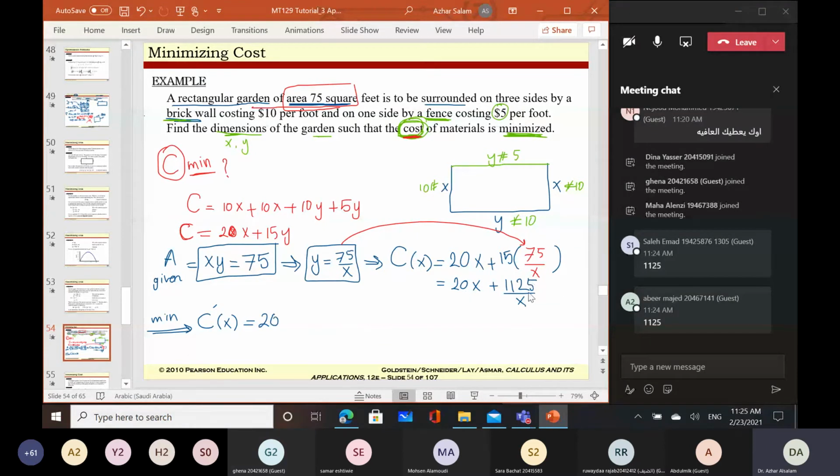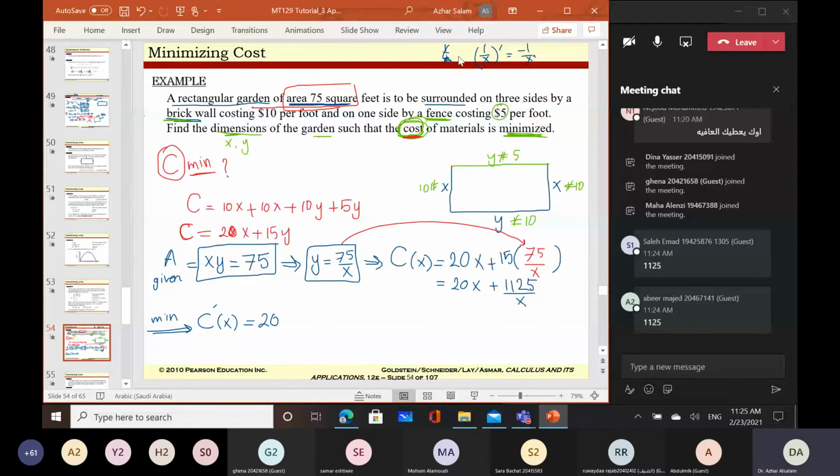The derivative of this rational, I have x at the denominator, so I will write it immediately. The derivative of 1 divided by x equals minus 1 over x square.